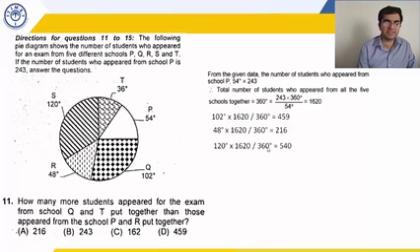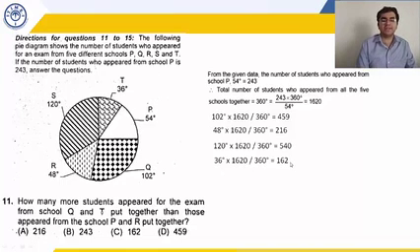So 120 over 360 becomes divided by 3. 1620 divided by 3 is 540. And the last case of 36 degrees: 36 divided by 360 is 1 by 10, and the 0 gets cancelled out, 162. So now you have all the values. You have P, Q, R, S, T.